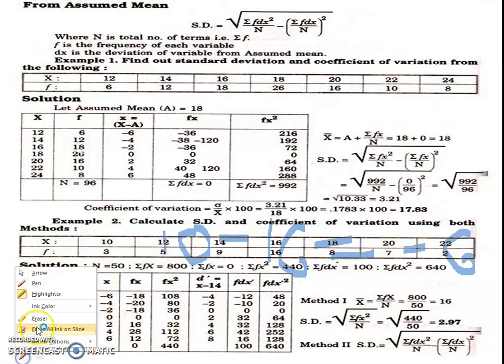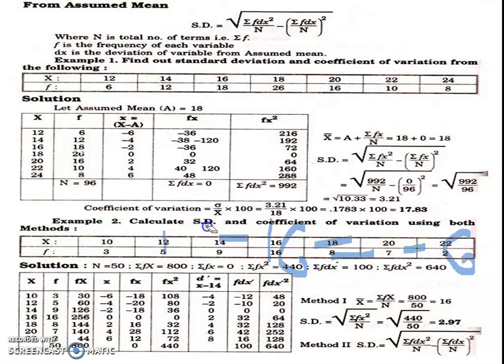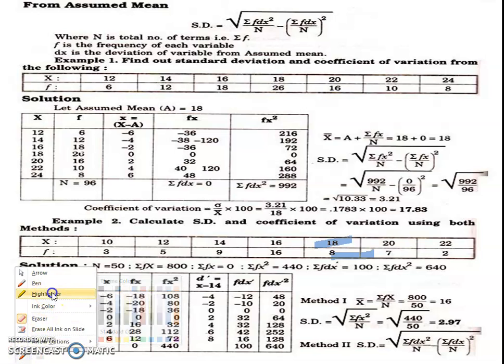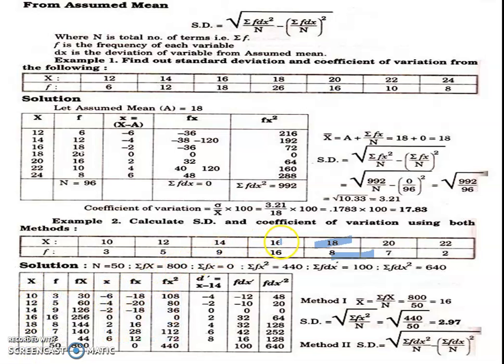Suppose the next value we consider is 12. So 12 minus our mean 16 is minus 4.